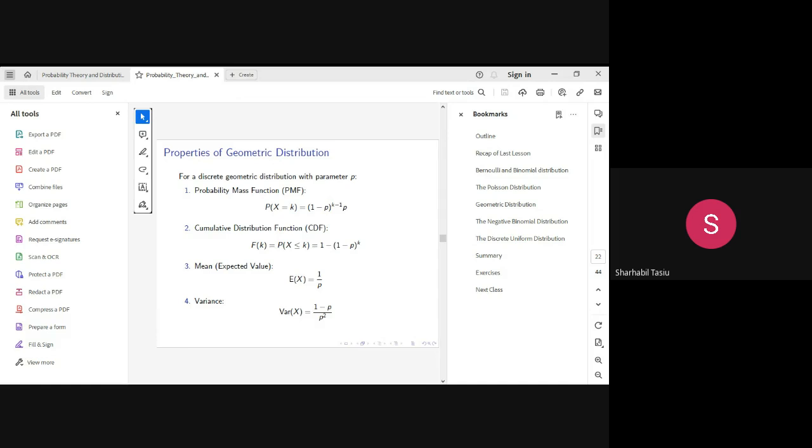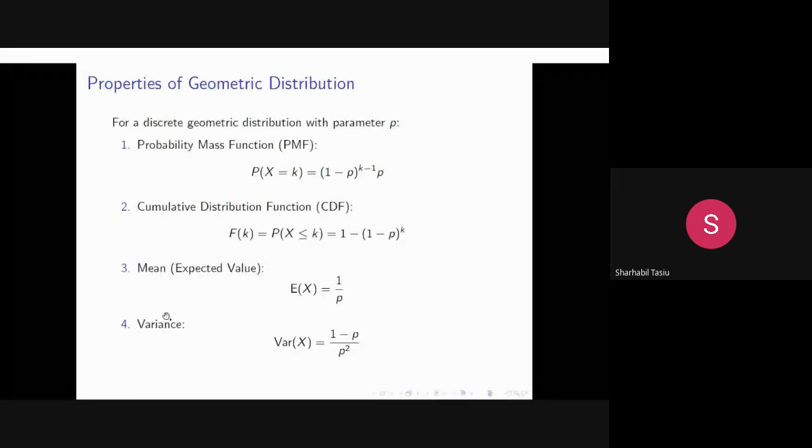the challenge was on the geometric distribution. So we gave the discrete geometric distribution with parameter p. The PMF, or the probability density function, is given by the quantity here. P of X equals k. That's the probability of the random variable equal to the value that the random variable can take.